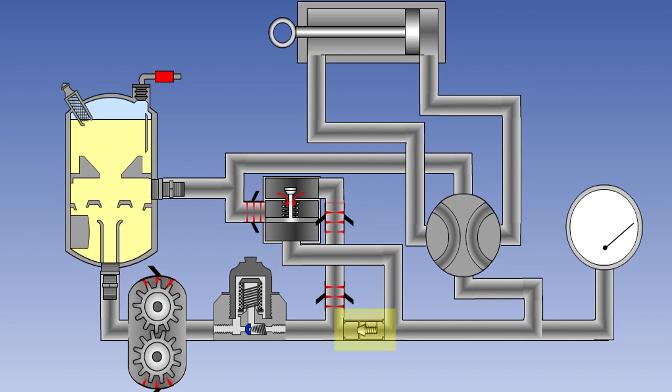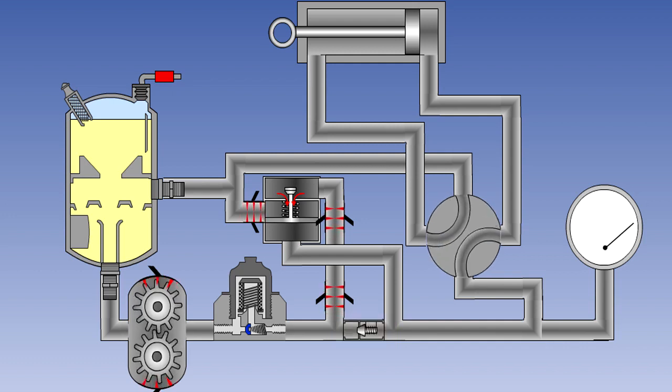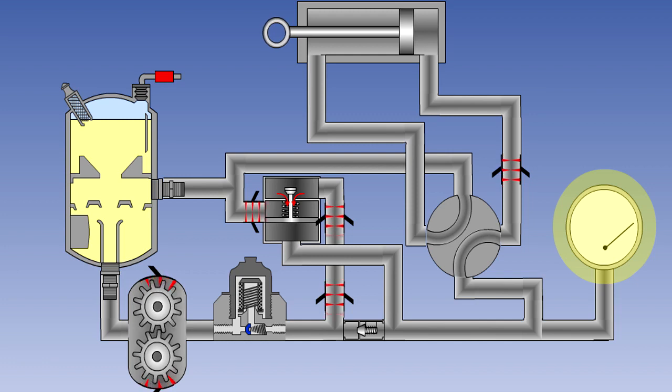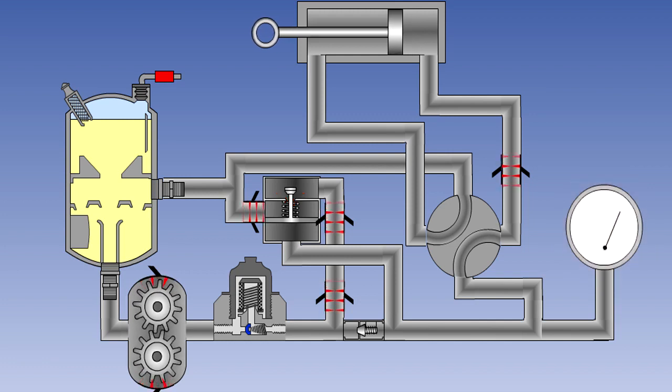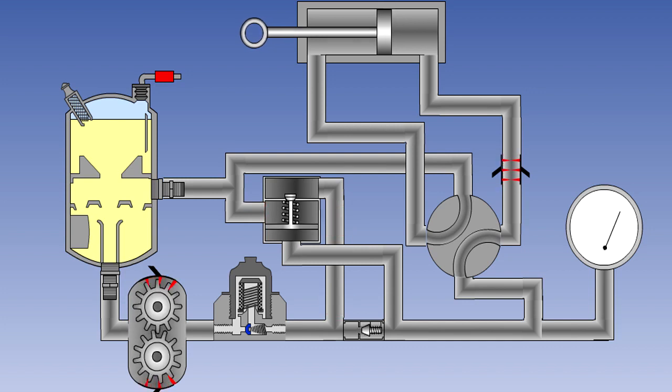System pressure will be held on the bottom of the piston by the non-return valve. When a service is operated, system pressure will fall. The spring force will now be greater than the hydraulic pressure, so the piston will move down, closing the poppet valve.